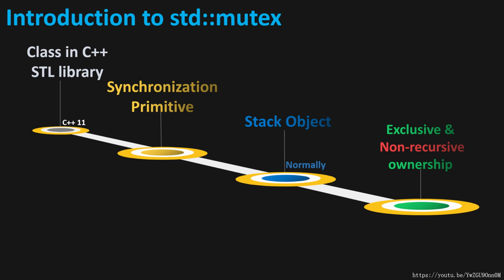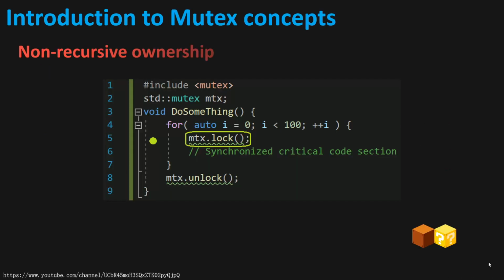std mutex provides exclusive access to the critical code section, but std mutex is of non-recursive type. std mutex provides non-recursive ownership, which means it is mandatory that once the mutex is locked, it should be unlocked before it is locked again.